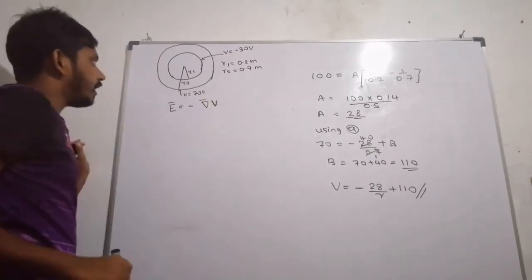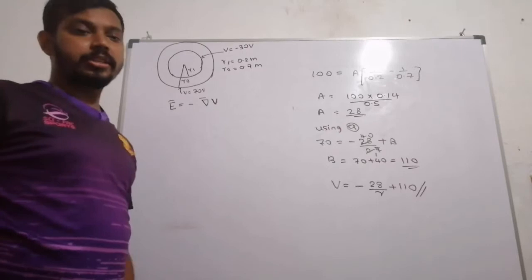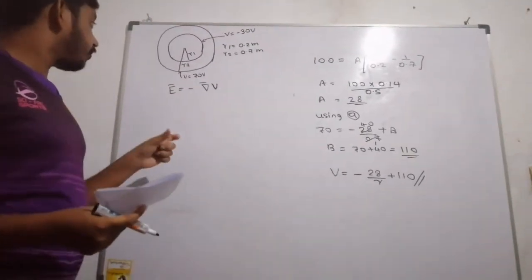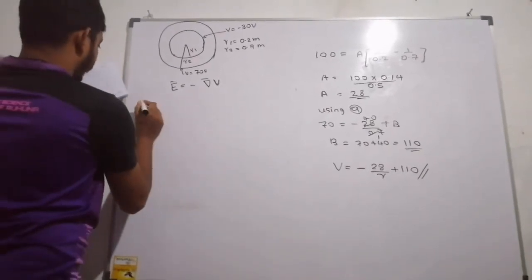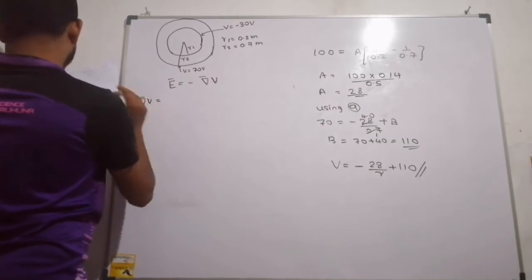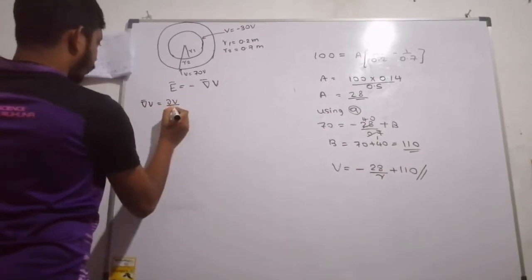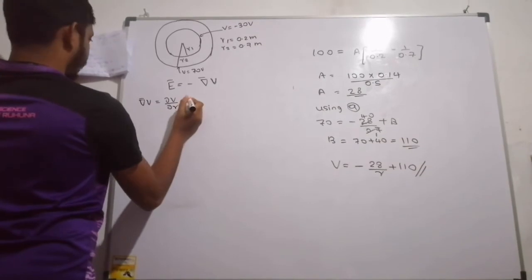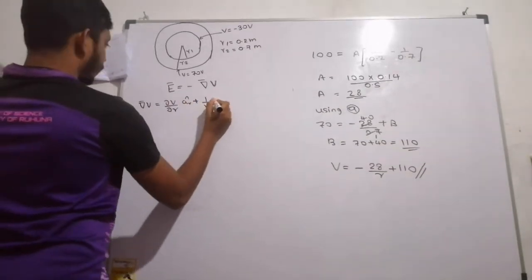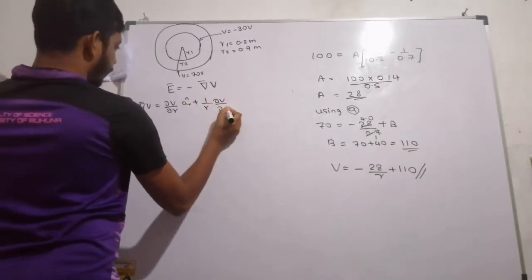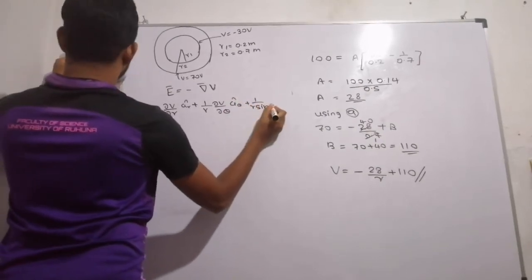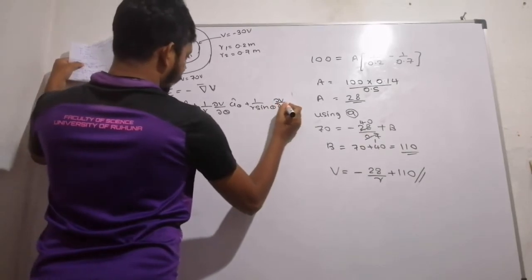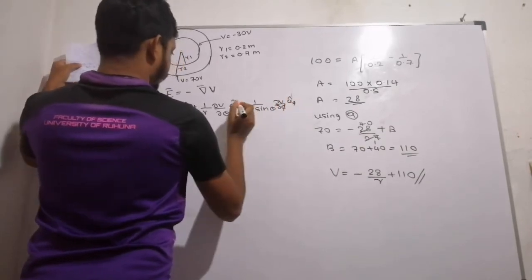We are using the spherical coordinate system, so let me write down how to derive electric field in it. Grad V equals dV over dR aR plus 1 over R dV over d theta a theta plus 1 over R sin theta dV over d phi a phi direction.